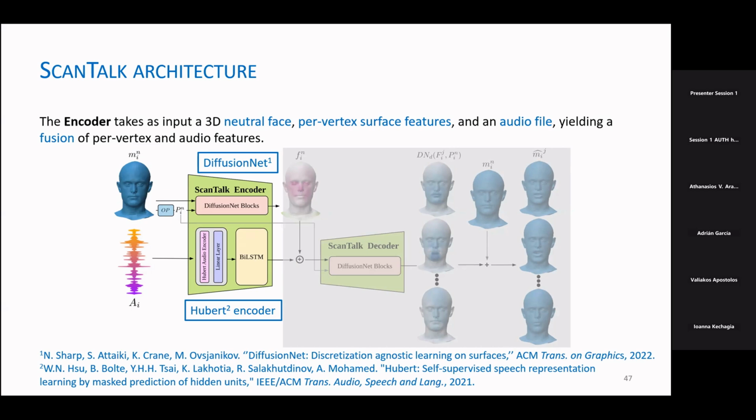Actually, these DiffusionNet blocks come from this work here. It is actually not a diffusion network in the sense that it is not a generative model.